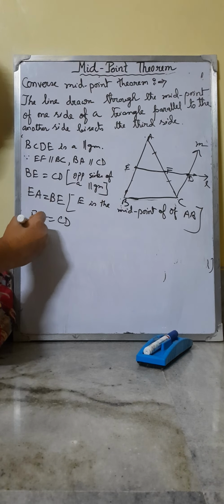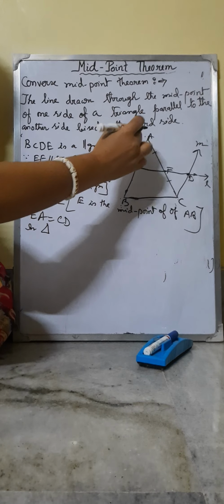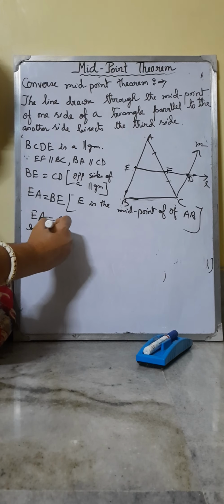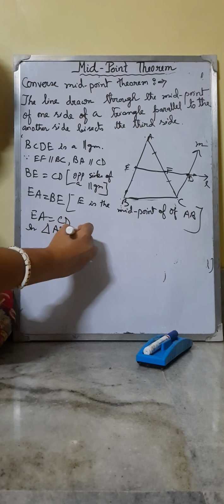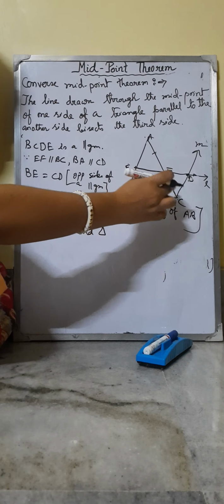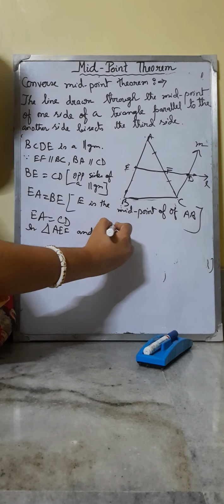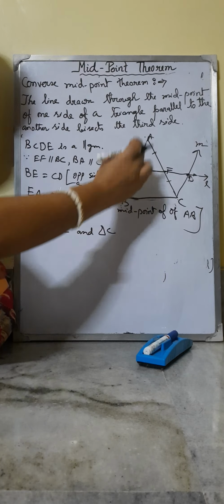So from triangle AEF and triangle CDF, what do we observe? These two angles are equal because they are vertically opposite.